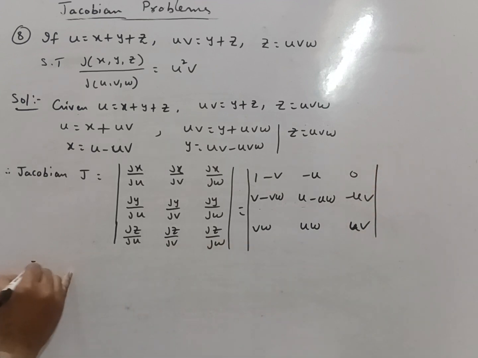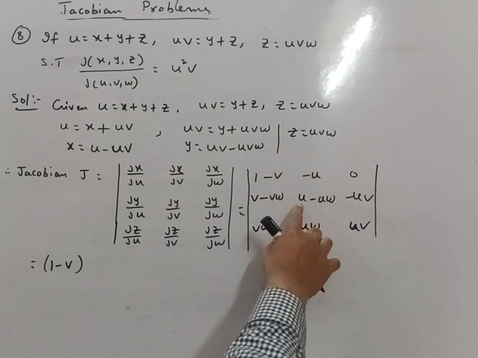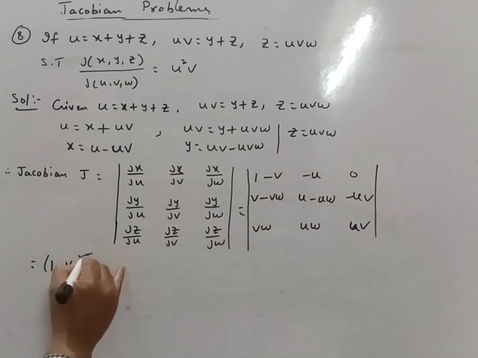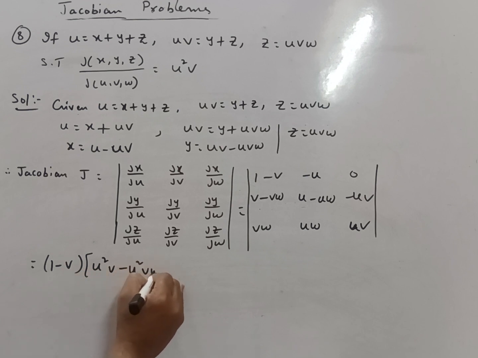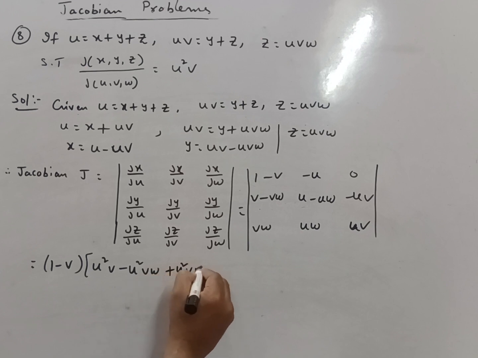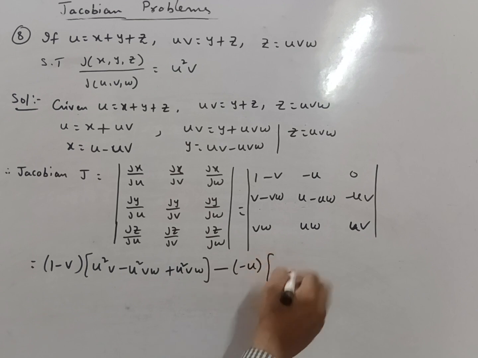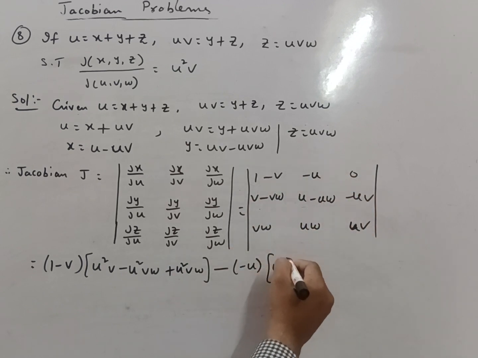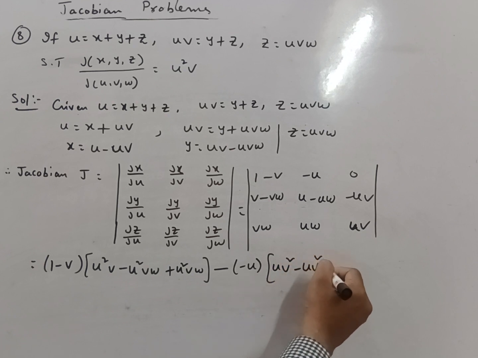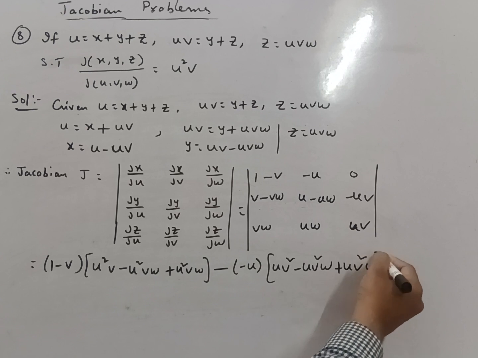Correct? Now find the determinant here. 1 into, we have to leave this row and this column, this into this: u into uv, I get u square v minus u square vw. Minus of minus, plus u square vw. Minus of minus u, this row and this column we leave. This into this, uv square w. This into this, minus of minus, plus uv square w.